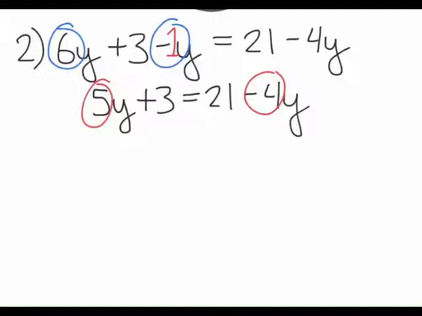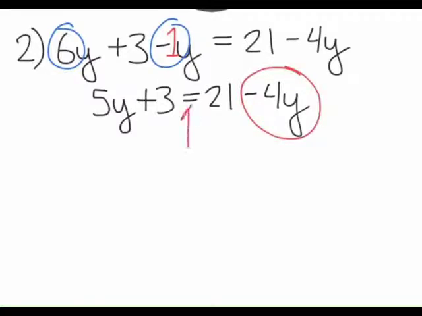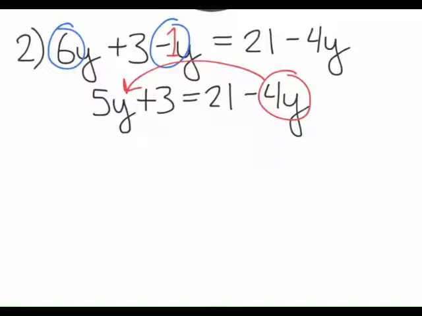We cannot simply take 5 minus 4 in this case because over here, this is on the opposite side of the equal sign as the 5y. So we can't simply combine like terms yet. Here's what we have to do first. We have to get the 4y on the same side of the equation as the 5y.